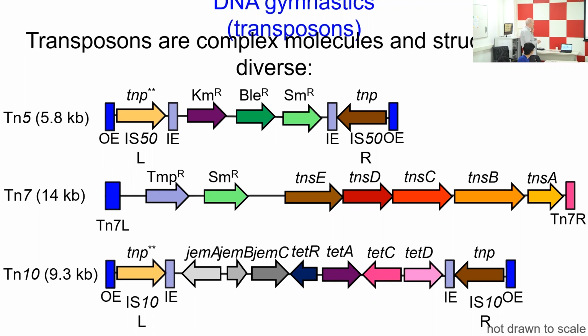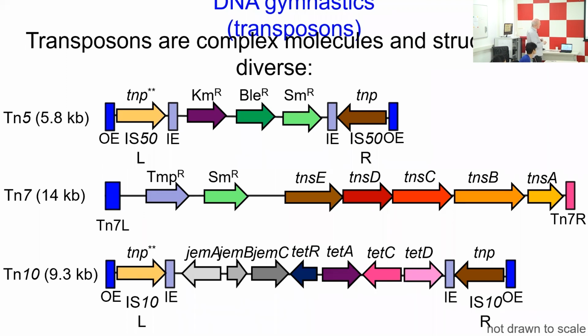So Tn7 has the property that, I mean, you also have some antibiotic resistances, and you have here a complex transposase that is not just one gene, but a bunch of different genes that assemble the complex that is necessary for transposition.